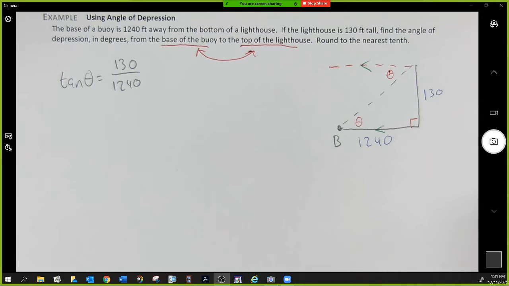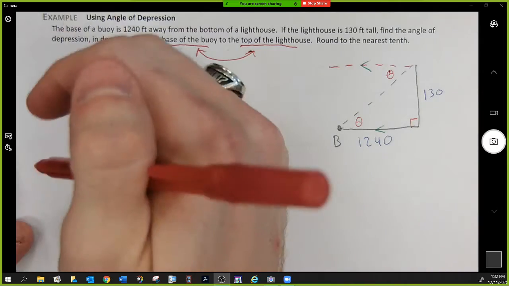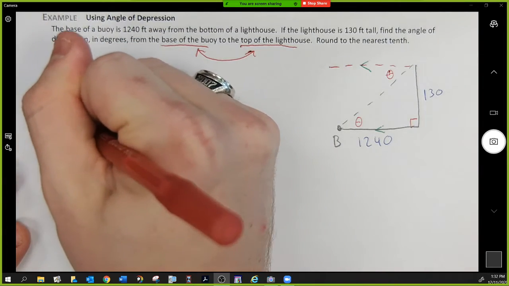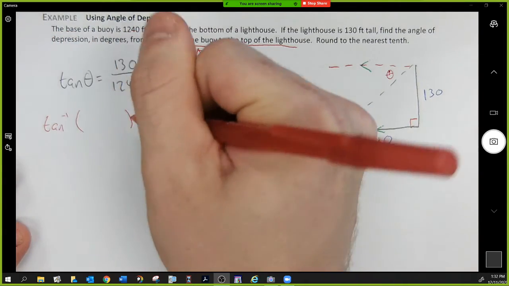But I'm trying to find out what theta is, so how would I isolate theta here? Yeah, tangent inverse. You see, I need tangent to go away. I need to be able to cancel tangent. And you see how I drew this triangle? It would be in quadrant 1, wouldn't it? I mean, this is an acute angle. Since I'm in quadrant 1, since this is an acute angle, tangent and tangent inverse will cancel each other out instantly. So I just take the tangent inverse of both sides.